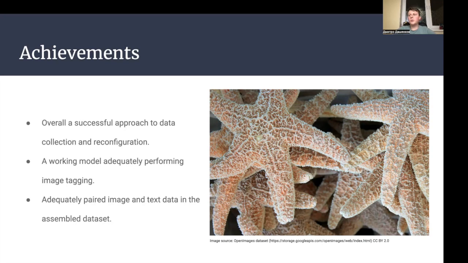Overall performance is quite good, to the limit that we would expect such a model to behave. Images and text are adequately paired in this dataset. So the ImageD dataset is by itself a valuable artifact of the research and can be used in further research by us or by any other colleagues. The dataset is published on GitHub.